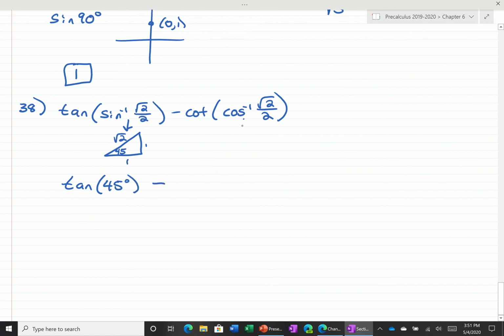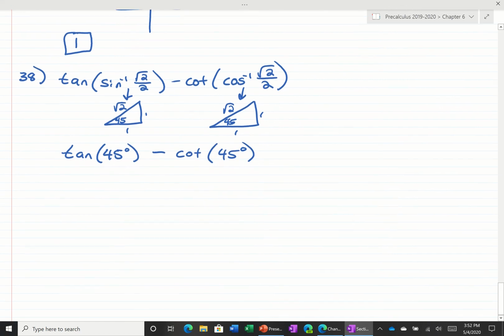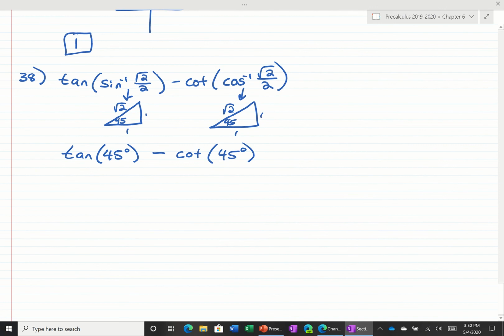For this piece, what angle gives us a cosine of root 2 over 2? Well, it's going to come from our 45, 45, 90 triangle. So this is going to be the cotangent of 45 degrees. Looking at those triangles, what's the tangent of 45? It's 1. What's the cotangent of 45? It's 1. 1 minus 1 is 0.